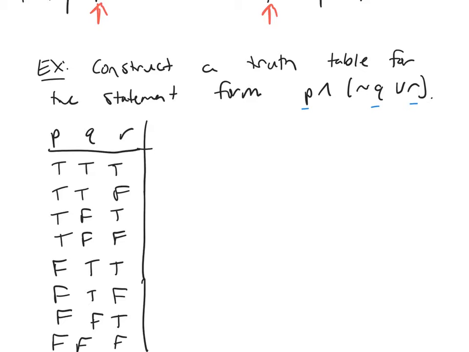So again, we're going to construct this in pieces, and we're going to build out what we need. So one of the first things I see we need is not Q. So let's go ahead and do not Q. We're just going to flip all the entries in Q. False, false, true, true, false, false, true, true.